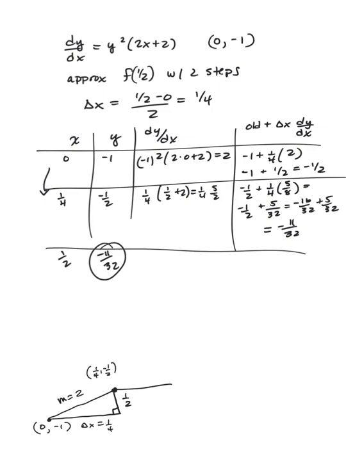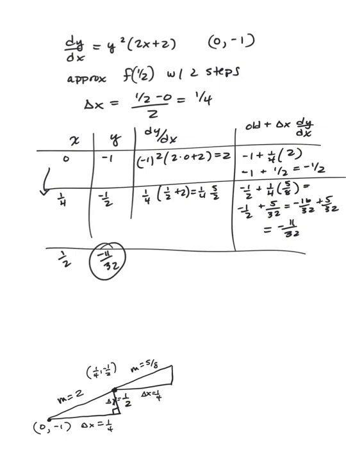Okay, so now my slope is 5/8. My delta x is still the same. So this was my delta y here, so you don't get mixed up. So my delta x is still 1/4.